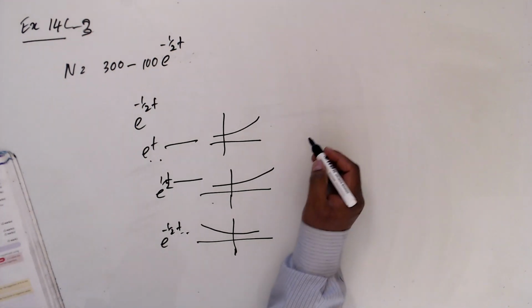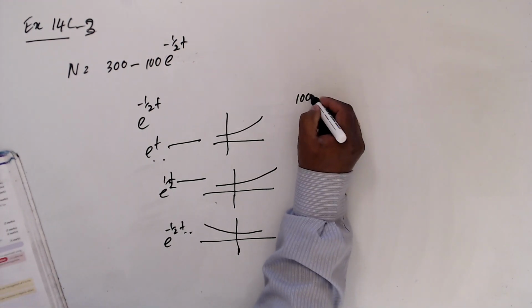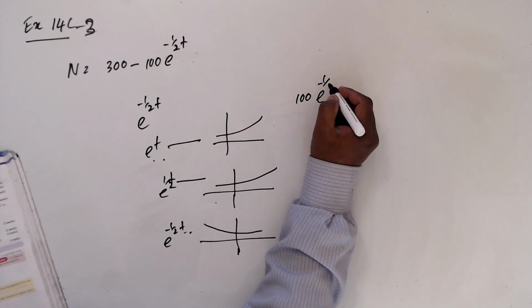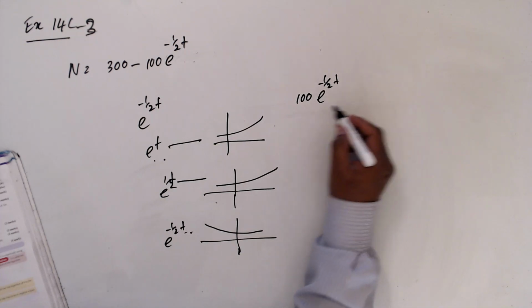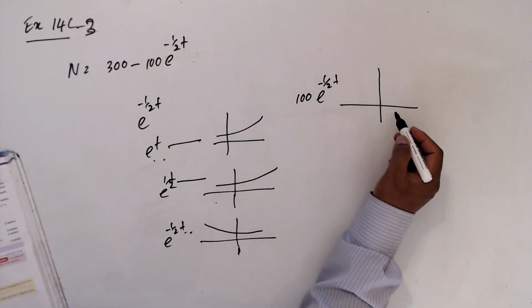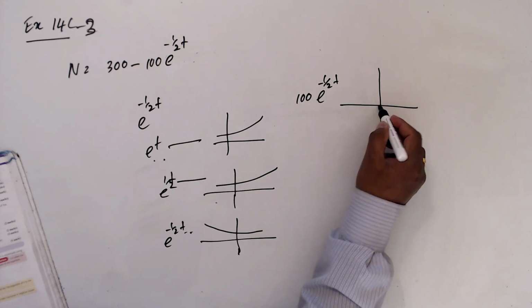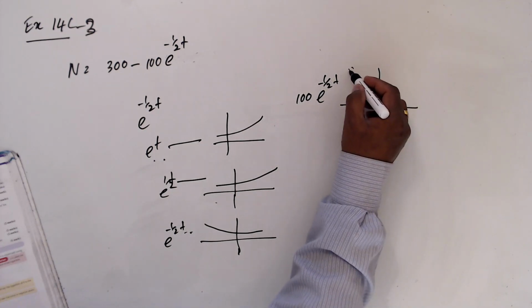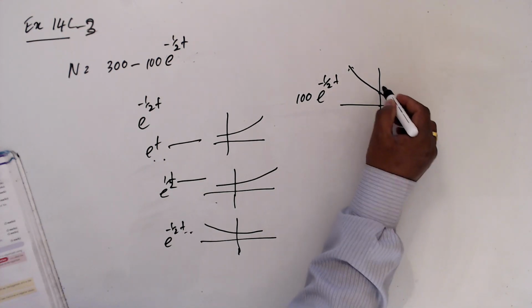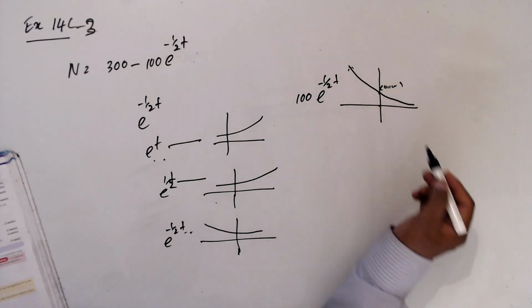Now 100 e^(minus half a t). This is not negative, so it means it will be something like this. So this becomes 0, 100.